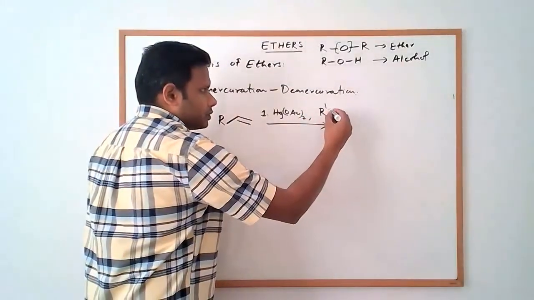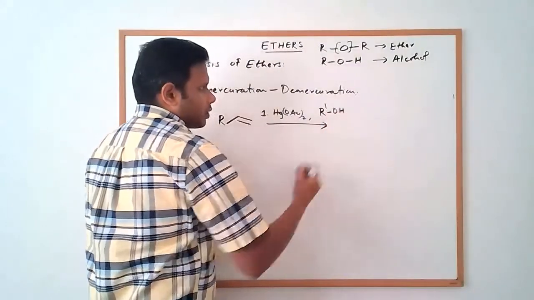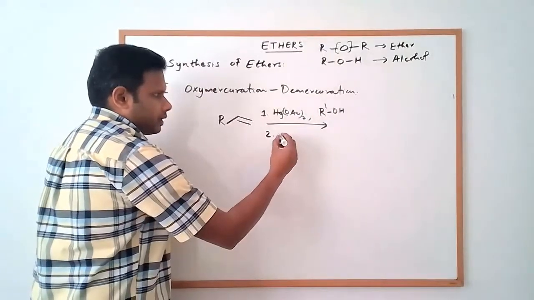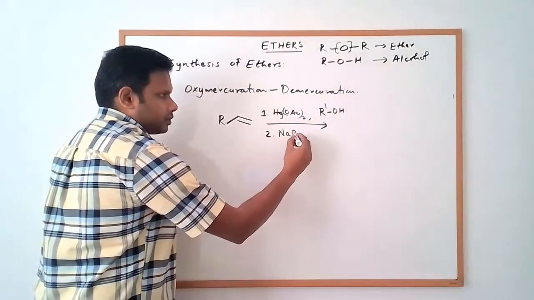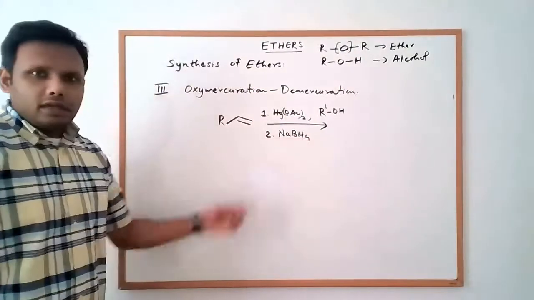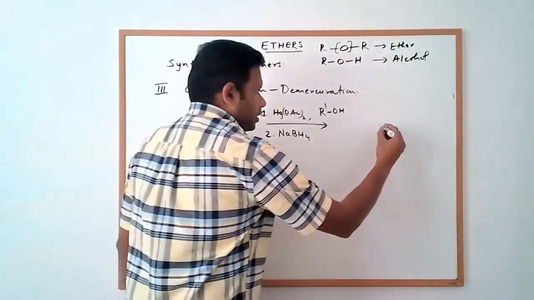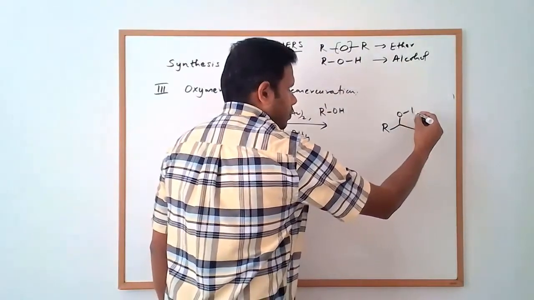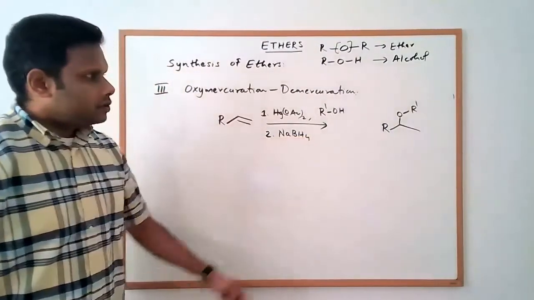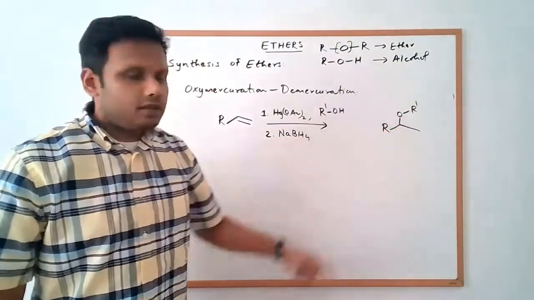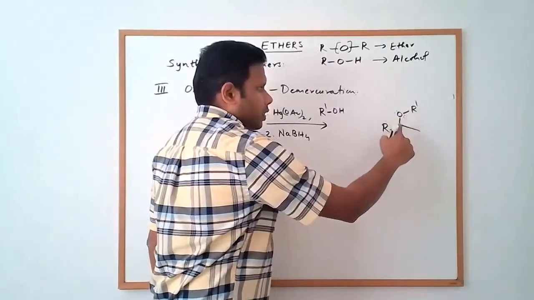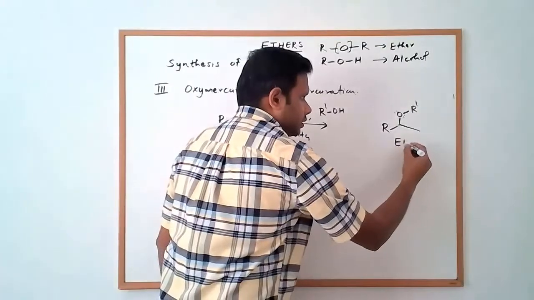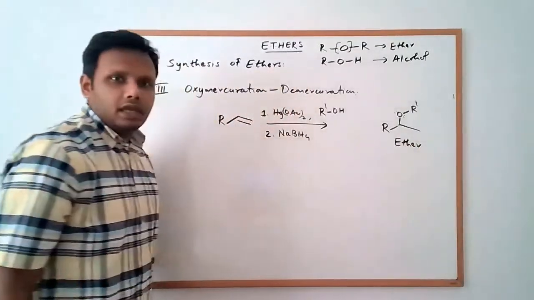So if you use an alcohol as your solvent there, followed by a reduction using sodium borohydride, then our product is going to be an OR prime. So notice again, the oxygen is between two carbon-containing groups. So that's an ether. So this is another method of synthesizing ether.